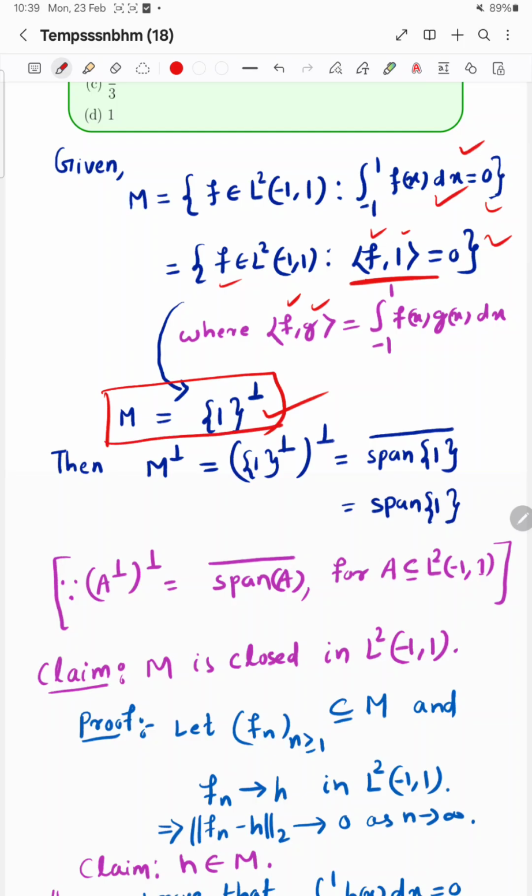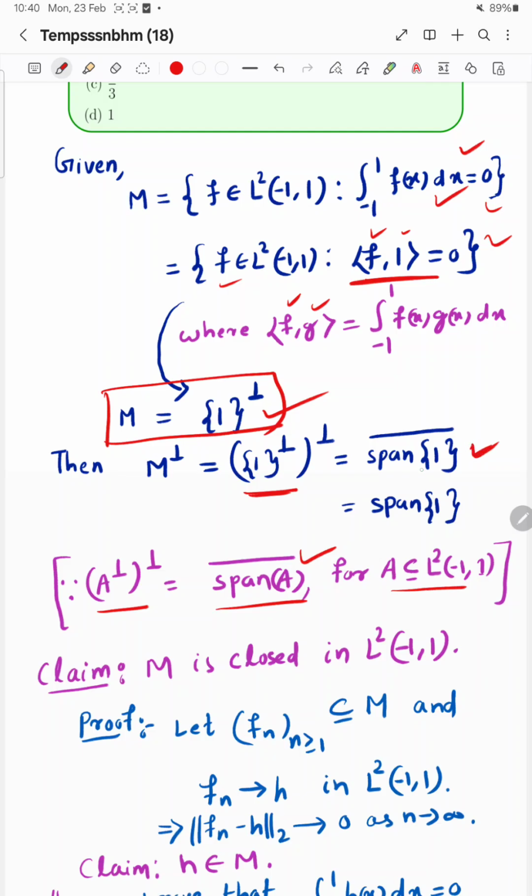Now we will calculate M perp, because our target is to write L2 is equal to M plus M perp in this form. So now, M is given, and we are calculating M perp. Okay, if we calculate M perp we will get this one. Here double perp is coming, and there is a very nice formula in Hilbert space that if A is a subset of the Hilbert space L2, then double perp of A is equal to the closure of the span of A. So by using this formula we will reach this step.